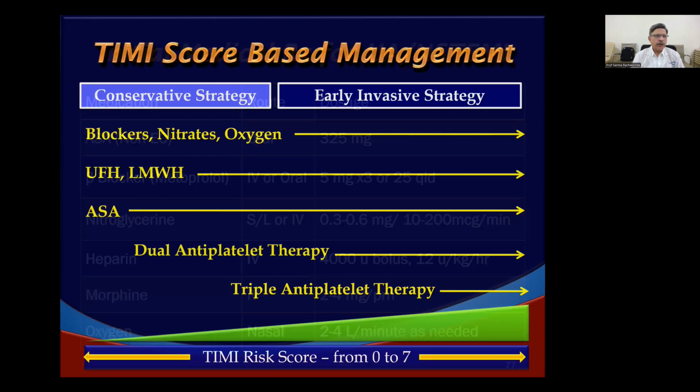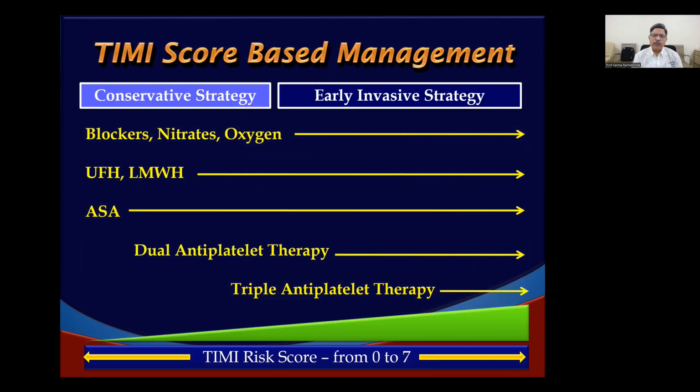Now, TIMI score based management. TIMI score can be 0 to 7. I have given you the table, age and all those factors are there. It could be as low as 0 or as high as 7. Then as you see the green bar here, it's increasing. Beta blockers, nitrates and oxygen are there, and unfractionated heparin, low molecular heparin, ASA are there throughout.